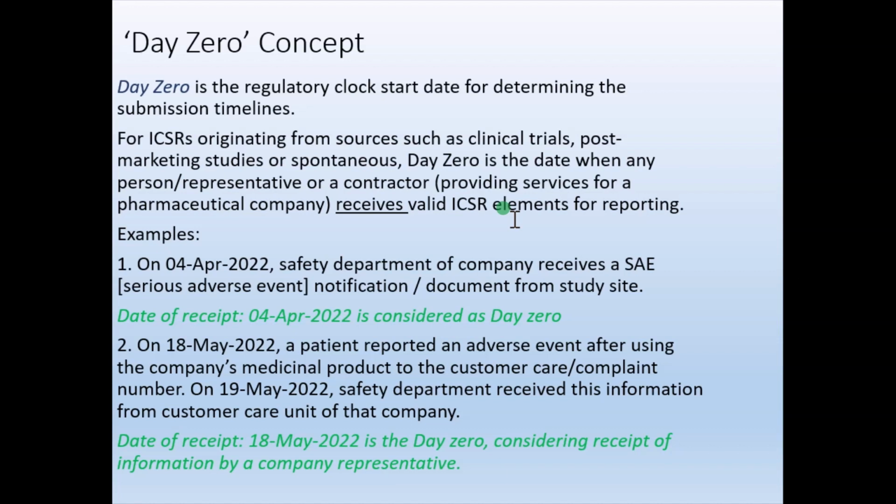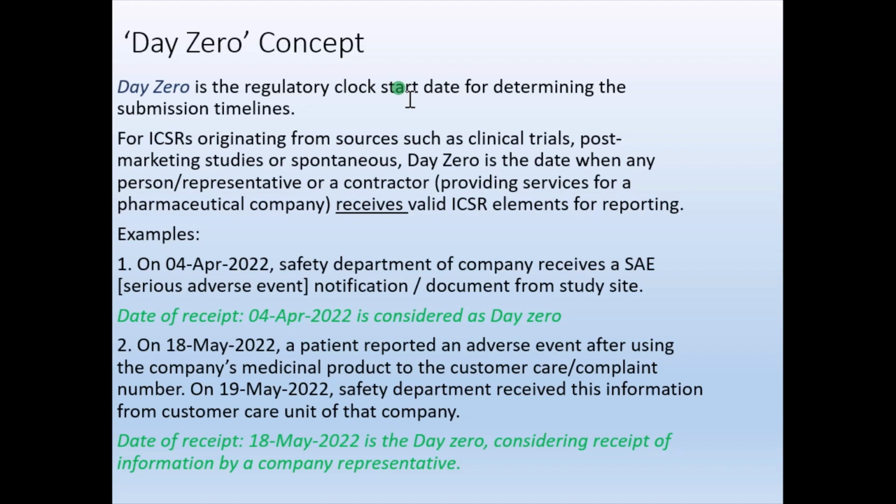For example, the European Medicines Agency requires submission of ICSRs in either a 7-day or 15-day timeline, depending on other criteria like seriousness, causality and listedness. These three concepts we will discuss in another video lecture. For now, you need to get an idea of the importance of submission timelines for an ICSR.